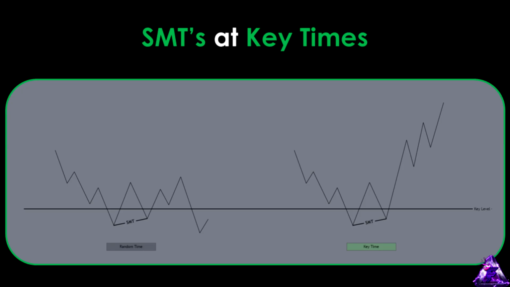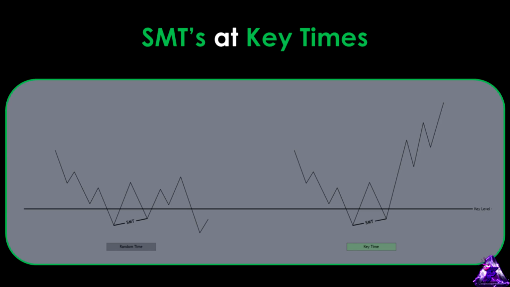Since this divergence occurred at a key time, price expanded immediately and moved higher. On the other hand, price tested a key level and formed an SMT divergence with a correlated asset or pair, but both of these events happened at an unfavorable time when it wasn't a key time. That's why this trade didn't work out and moved lower, stopping you out.